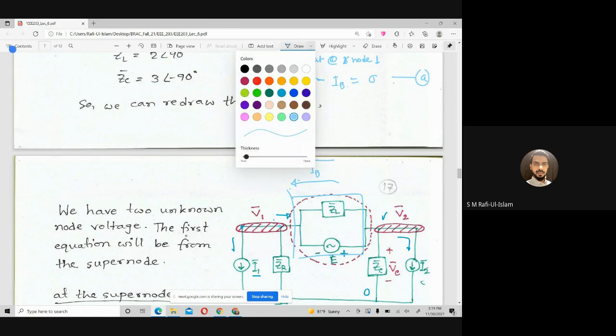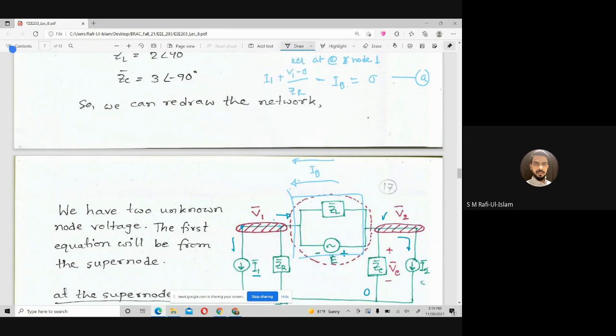Now at node 2, what would be that equation? The I2 current is leaving, so I will write I2. Then for the ZC component, the term would be V2 minus 0 divided by ZC.